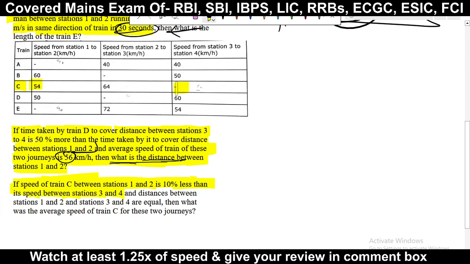It means this is 10% less, so this equals 90 and we want 100%. Just take this as a ratio: if this is 9, then this is 10. Just simply divide to calculate what will be here. I hope you can calculate this very easily. I'm not explaining this very basic part.